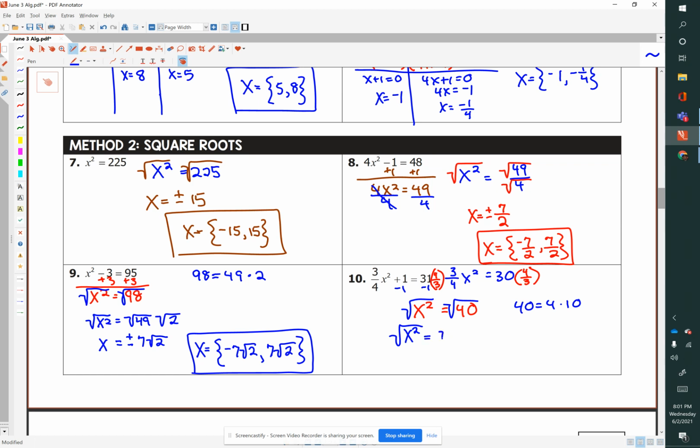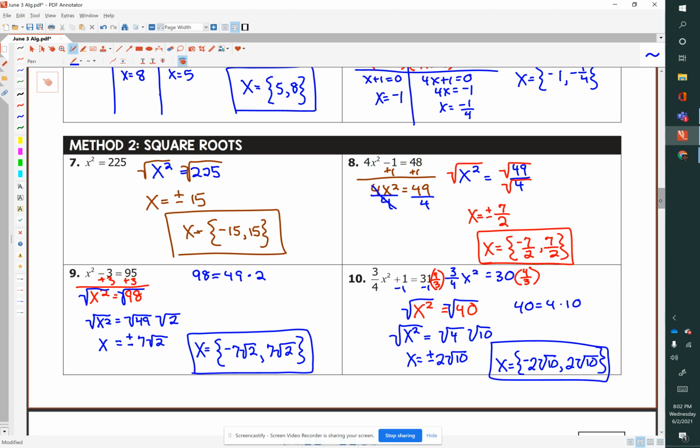And then I'll take the square root of 4 times the square root of 10, which will give me x equals plus or minus 2 times the square root of 10. And all I need to do at this point is write that in set notation. And my work is finished.